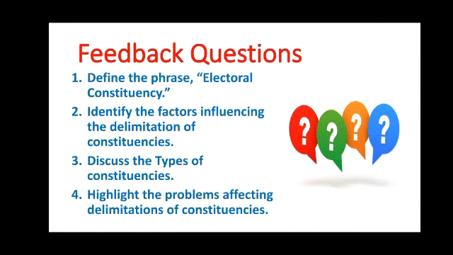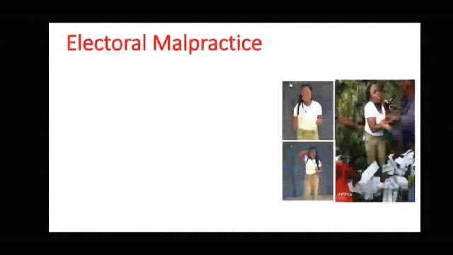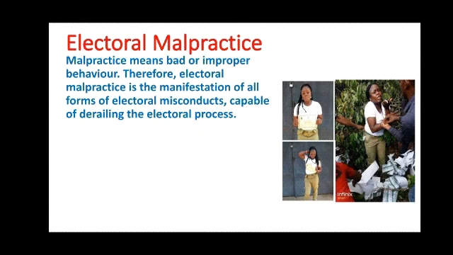Now that you have answered these questions, let's proceed by looking at electoral malpractice. What is electoral malpractice? Malpractice as a word means wrong behavior, bad, improper, condemnable behavior. So, electoral malpractice means misconduct in elections.